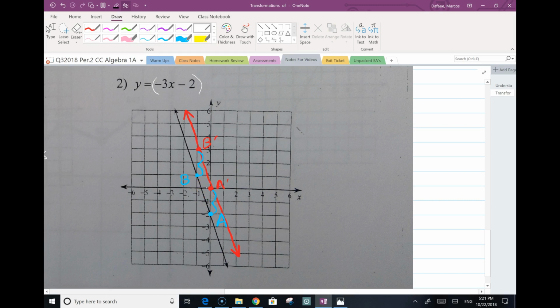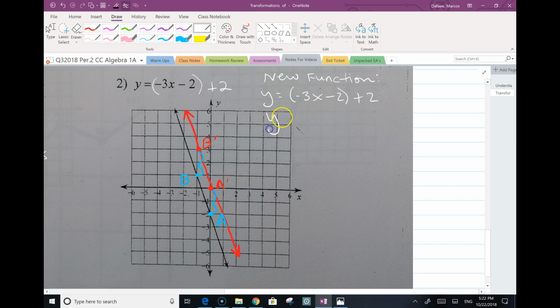So I have to account for this by adding 2 at the very end. So if I take this into account, my new function would be y equals, and I'll do this from the beginning, so y equals -3x minus 2, but then plus 2.